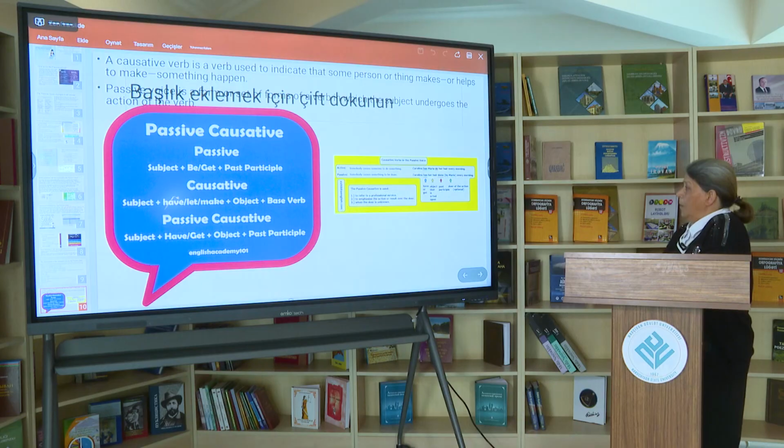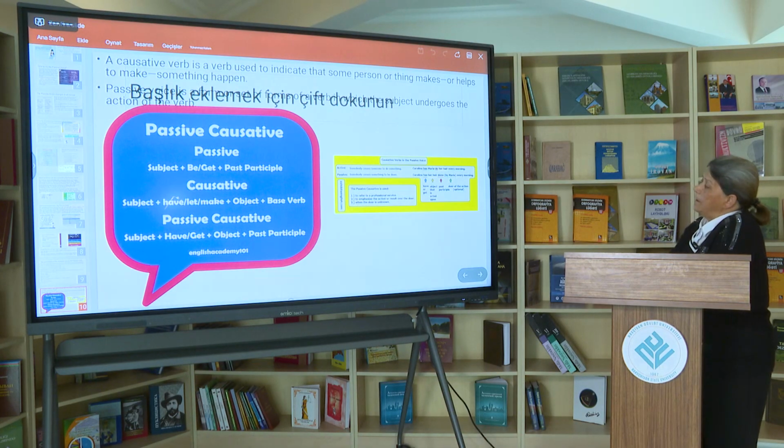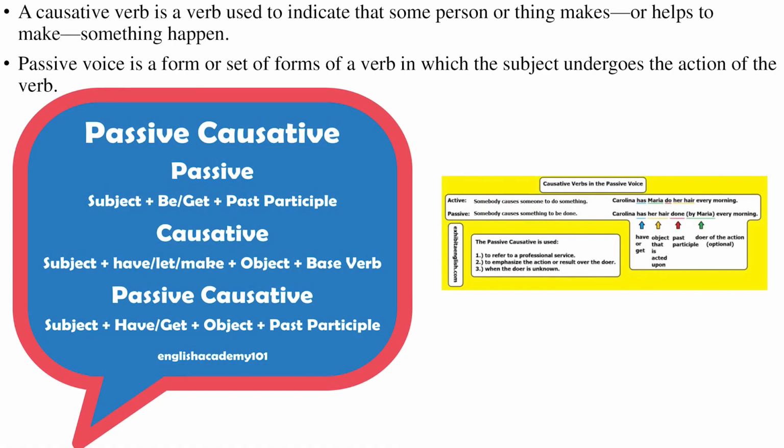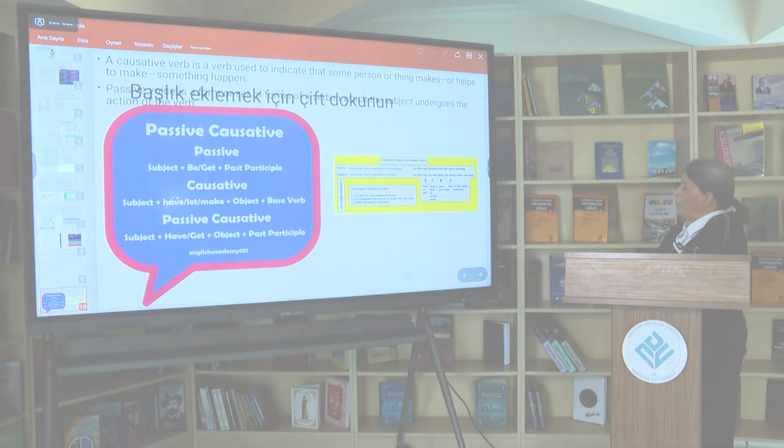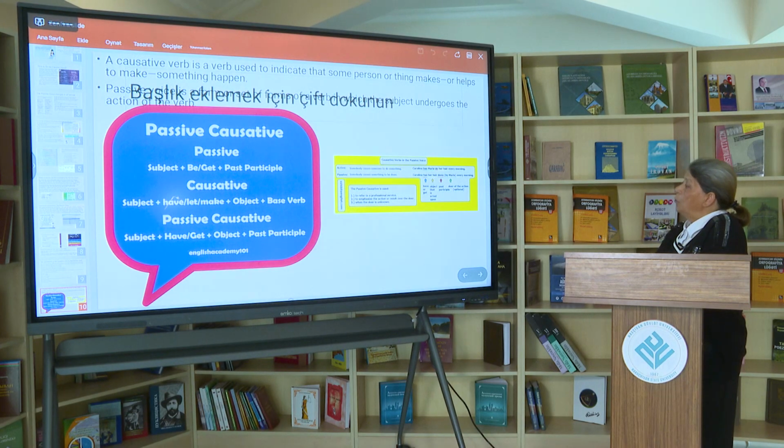But in passive constructions, somebody causes something to be done, like in the sentence, Caroline has her hair done by Mary every evening. Here, have or get plus object plus participle, and the doer of the action in the sentence is Mary.